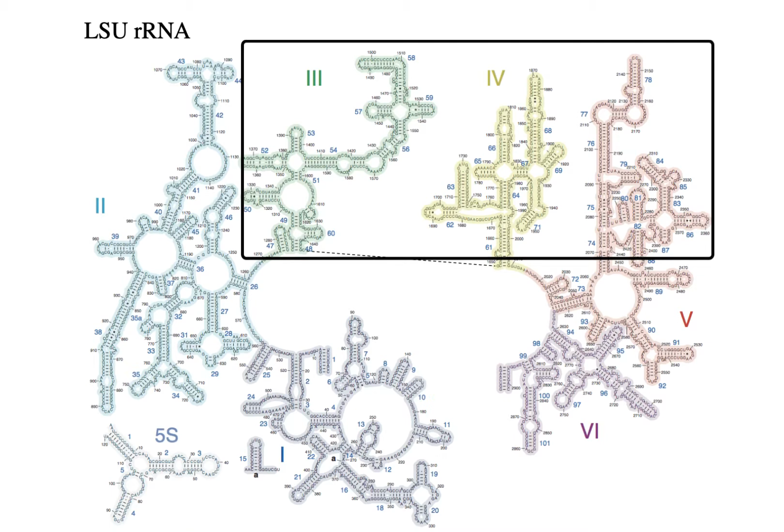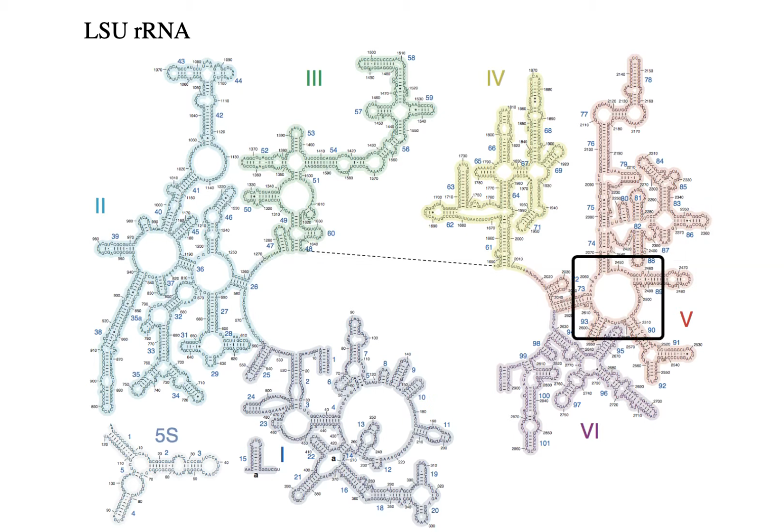But this region in here attaches to the tRNAs, and then this loop in domain 5 right here contains the peptidyl transferase activity, which attaches one amino acid to another amino acid in the growing polypeptide chain. So that's the enzymatic portion right there.